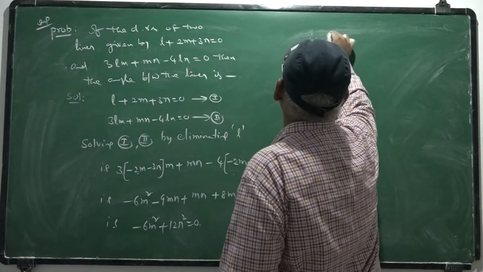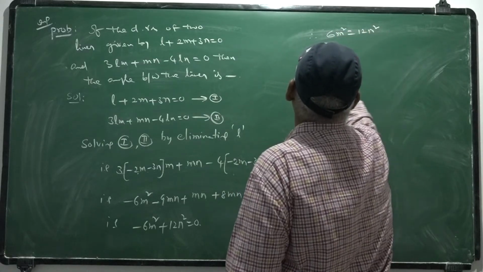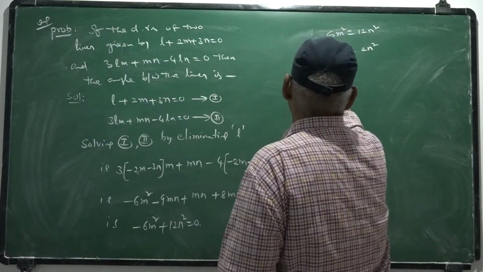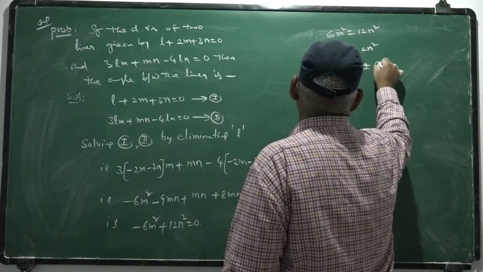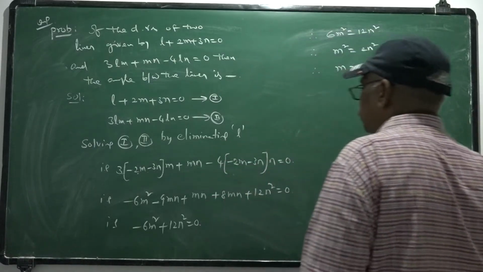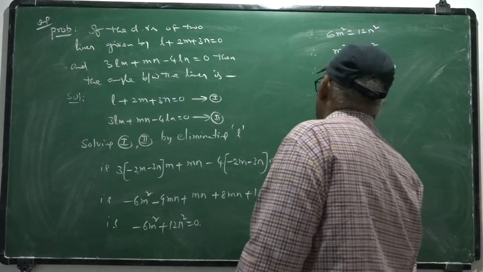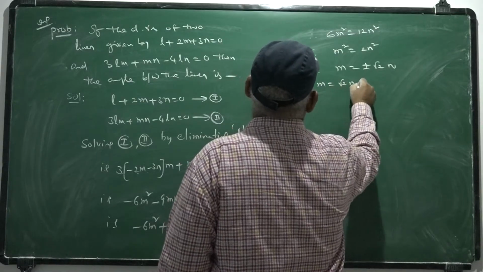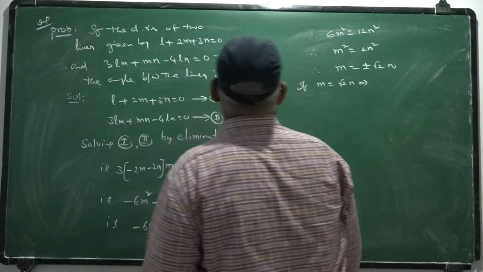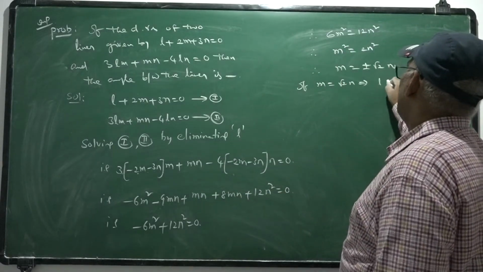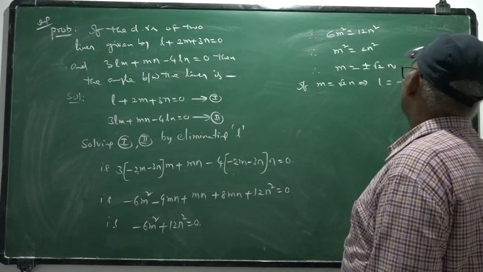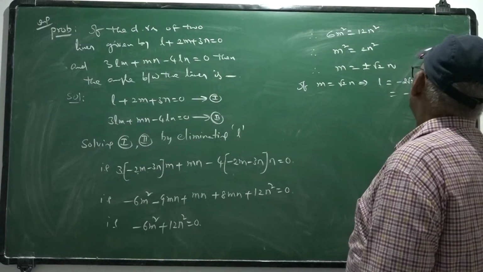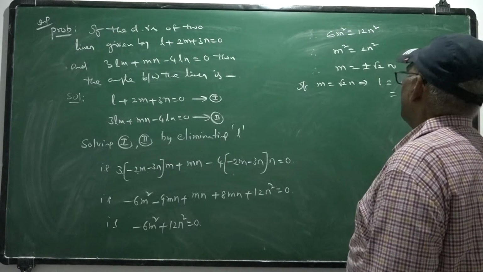In such case, 6m square is 12n square. So m square equal to 2n square. m takes the value plus or minus root 2 n. Now, if m equal to root 2 n, that implies from 1, l equal to minus 2 root 2 n minus 3n, that is minus 2 root 2 minus 3 n from 1.